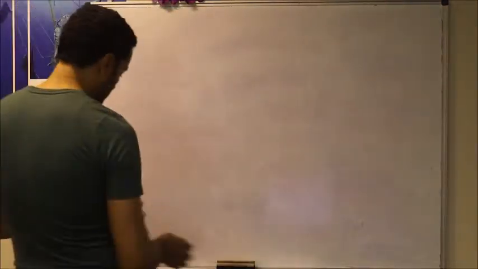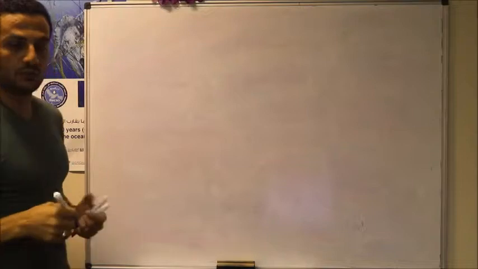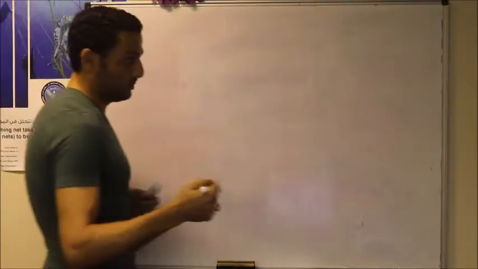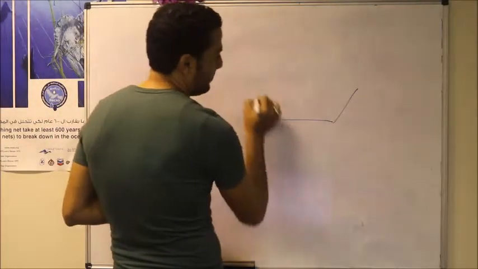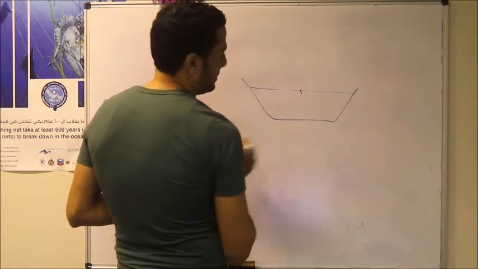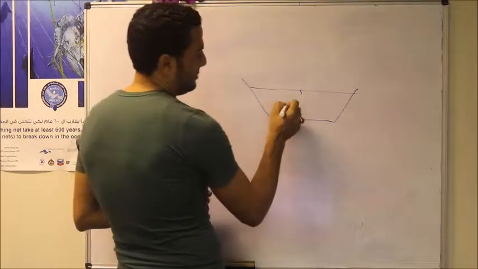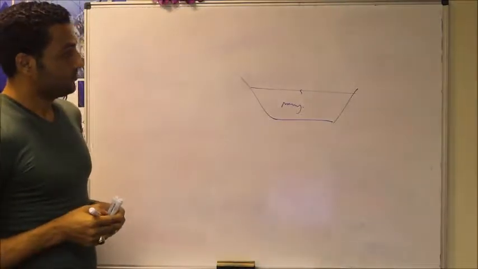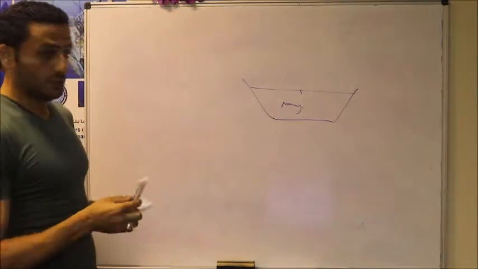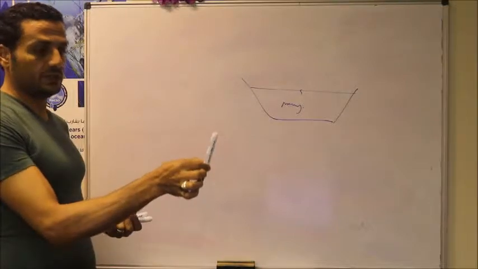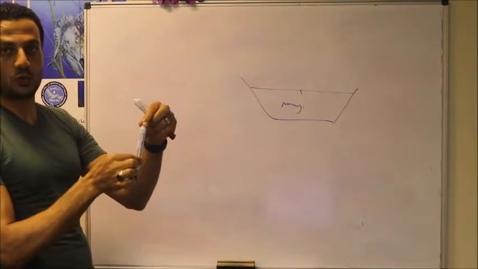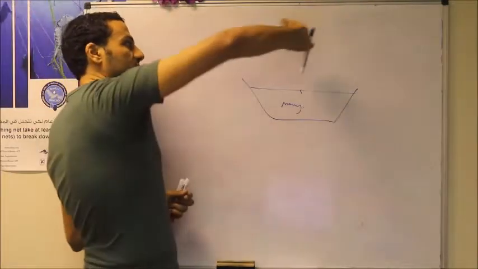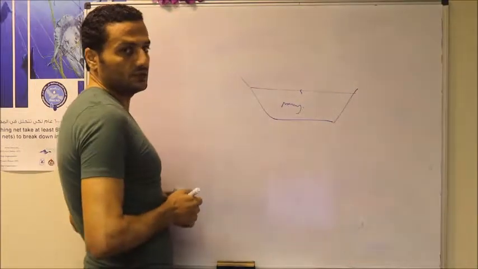If we want to measure the atmospheric pressure, we have a device which is called the barometer. The idea of the barometer is that we have mercury. We fill a glass with mercury, and we also fill a tube with mercury. This tube has an open end, and we flip it down inside the glass of mercury.